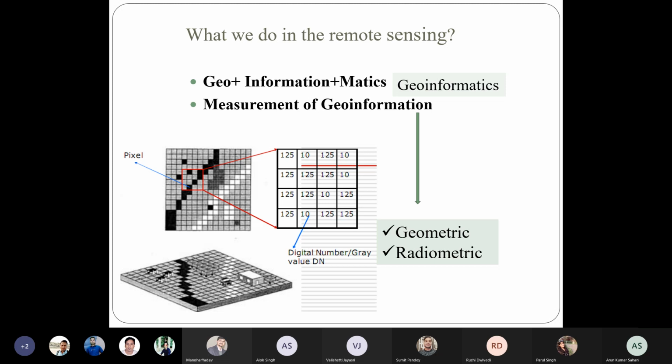And once you open that image, for each digital number a unique gray color is assigned, and that particular color you see on your screen. I hope now it is clear.